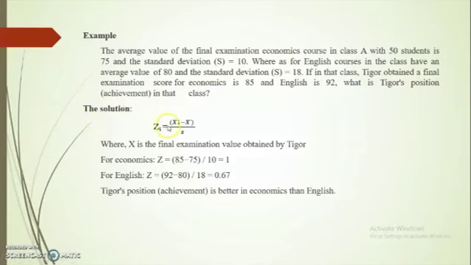Okay, the solution: we use the standard value formula. z_i is (x_i minus x bar) divided by s, where x is the final examination value obtained by Tigor. For economics, the standard value is 1, and for English, the standard value is 0.67.